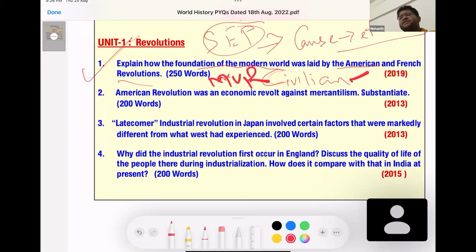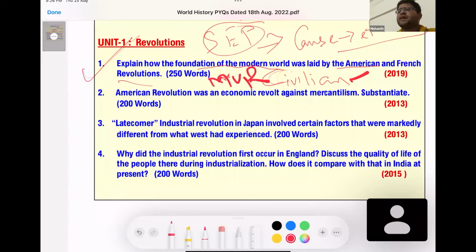And their preachings and sayings have become so impactful that the entire world was inspired by these personalities. The French Revolution has triggered a series of revolutions in Europe, including Italy and Germany, and finally helped in the unification of Italy and Germany.